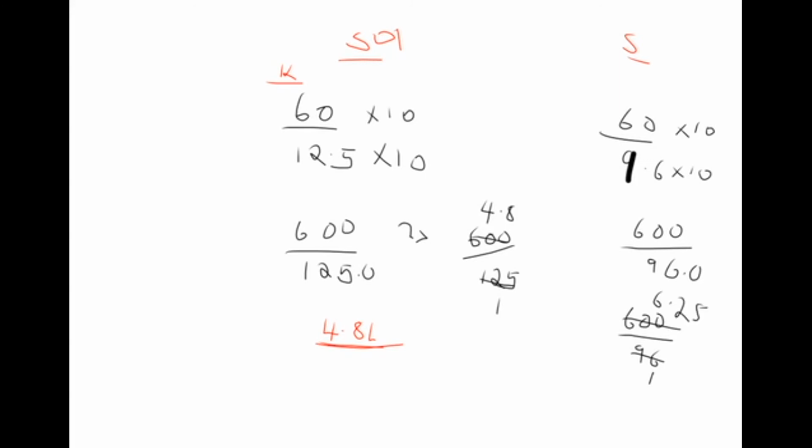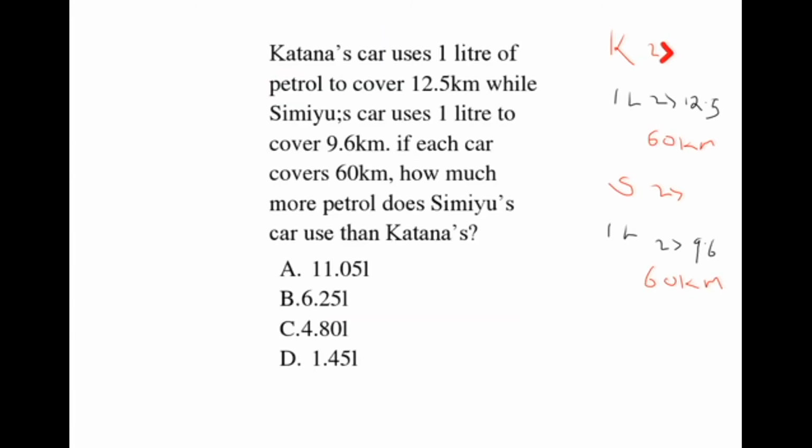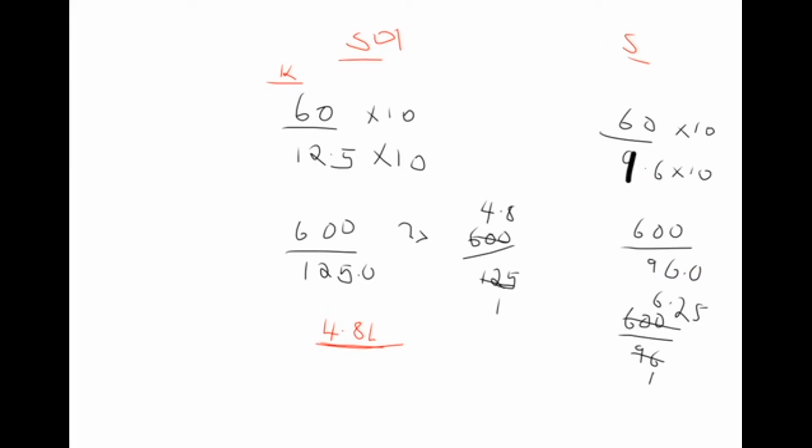Then we can simplify, and we get 6.25. Therefore, the question asks us how much more petrol does Simiyu's car use than Katana's. Katana's car, in our case here, uses 4.8 liters. Simiyu's car uses 6.25 liters.